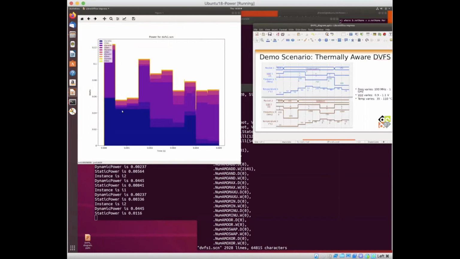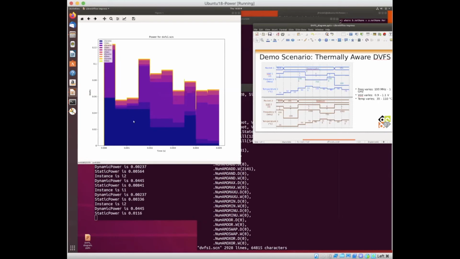So we're computing static and dynamic power for each of these instances. And you can see that the power consumption varies substantially depending on what's happening with workload, voltage, frequency, and temperature. That's not surprising. We know that that's what happens. What's remarkable here is that PowerCalc using a single model is calculating all that.